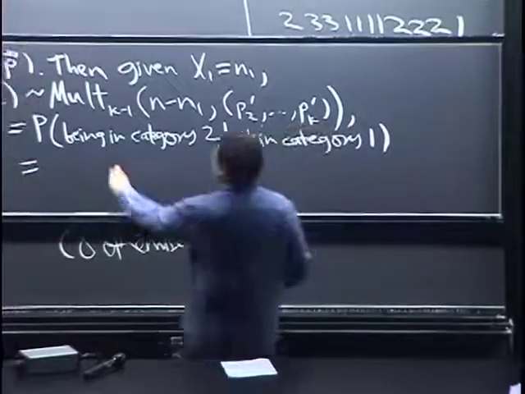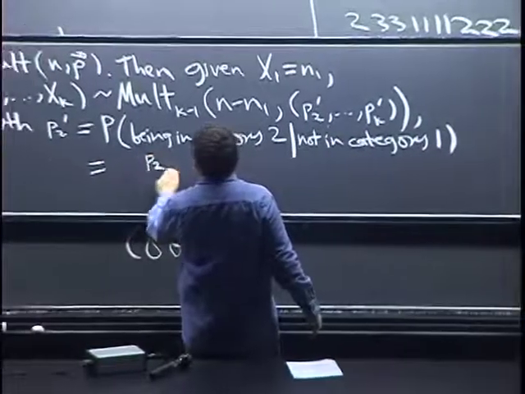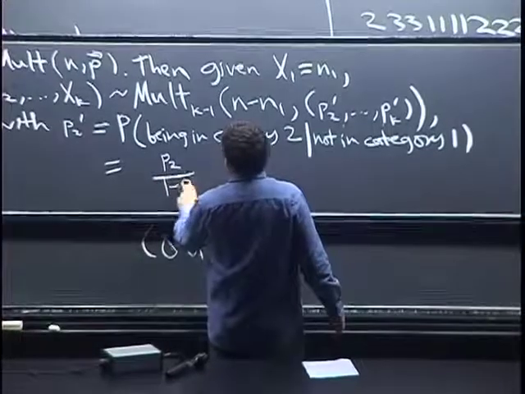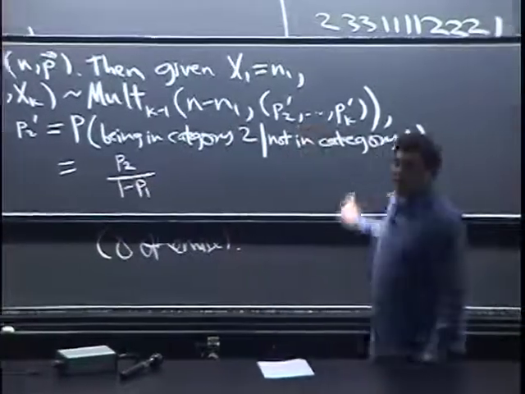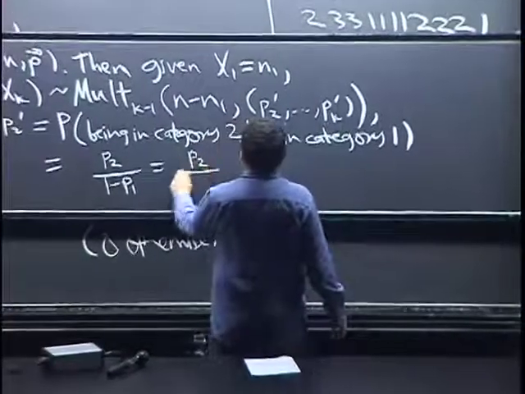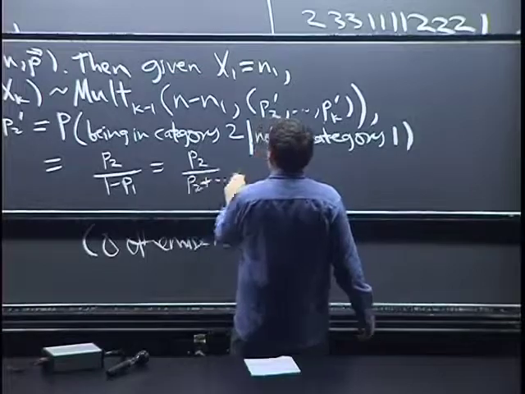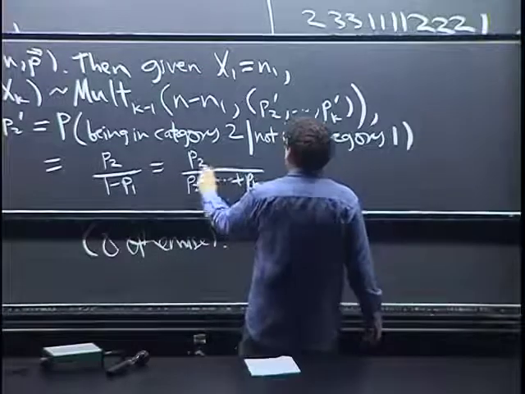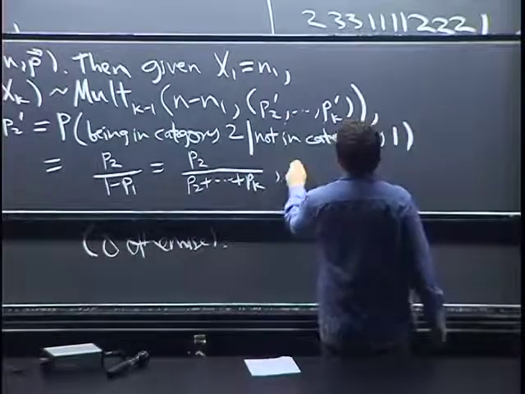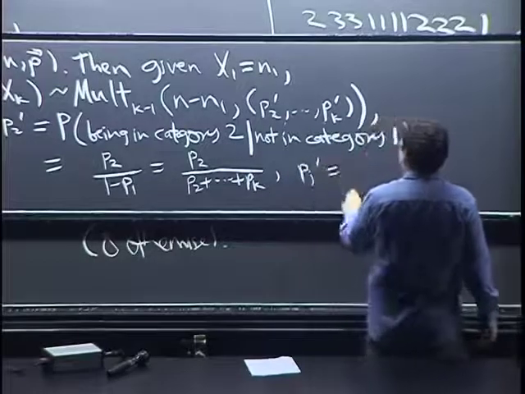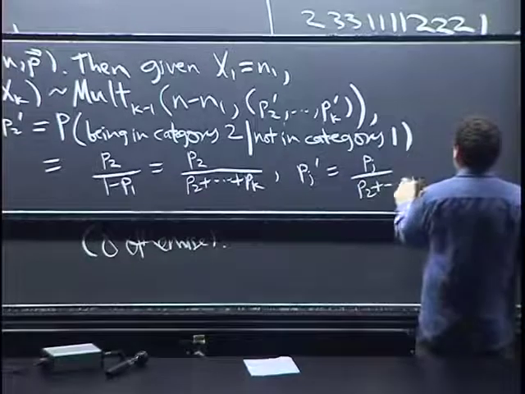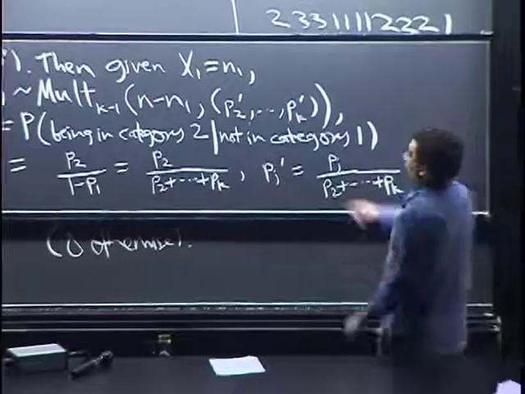So the numerator is just p2, and the denominator is 1 minus p1. That is just the probability of not being in category 1. Or we could also write it as p2 over p2 plus blah, blah, blah, plus pk. And similarly for the other ones, pj prime equals pj over p2 plus blah, blah, blah, plus pk. All this says is that we've renormalized.